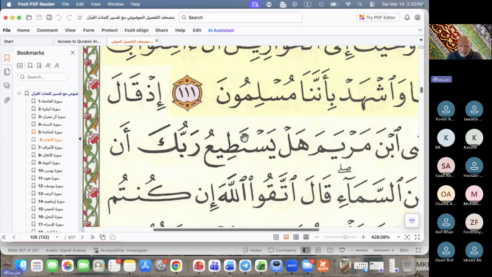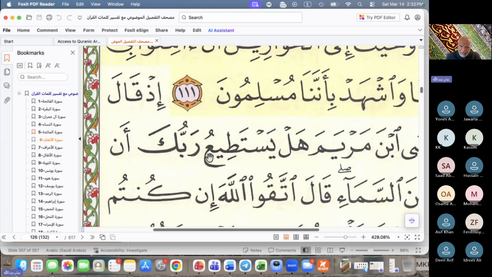What does this mean? Is your Lord capable of? Is your Lord able to descend a banquet for us? This is the whole surah name. Al-Ma'idah means the banquet, because of this ayah. Will your Lord be able to give us a banquet to descend from heaven?